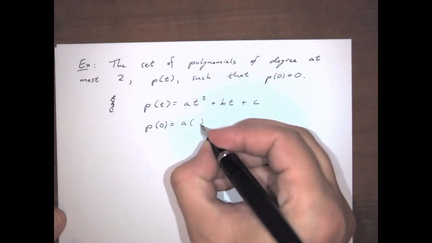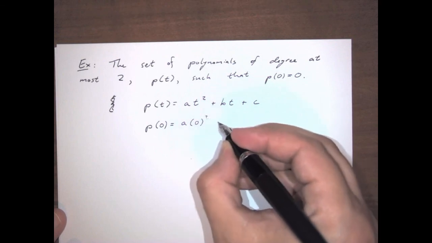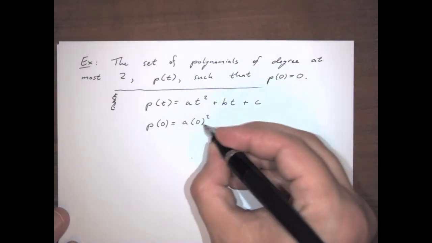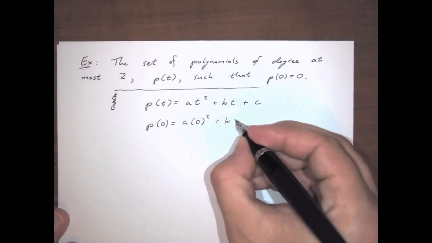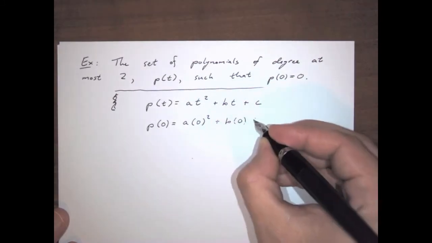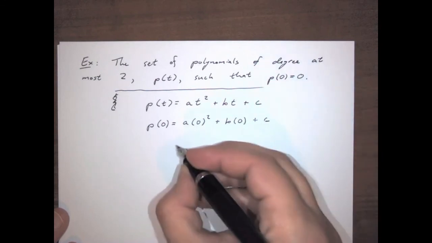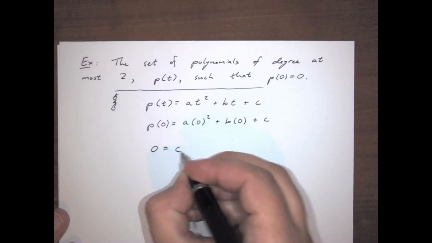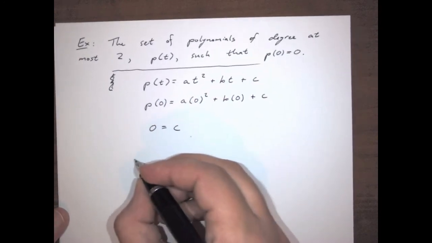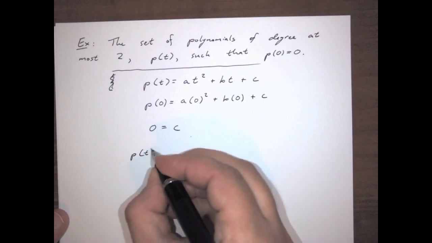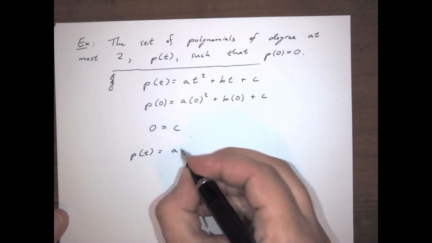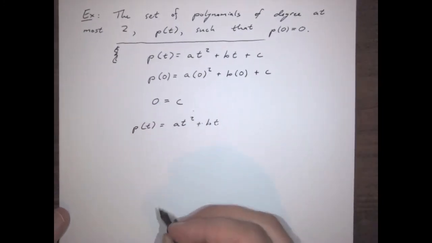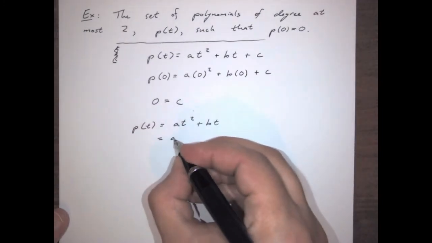But I know how to evaluate a polynomial. It's a of 0 squared plus b of 0 plus c. And if that equals 0, that means 0 equals c. So what that means is that P of t is equal to a t squared plus just bt, which means we have a spanning set here.